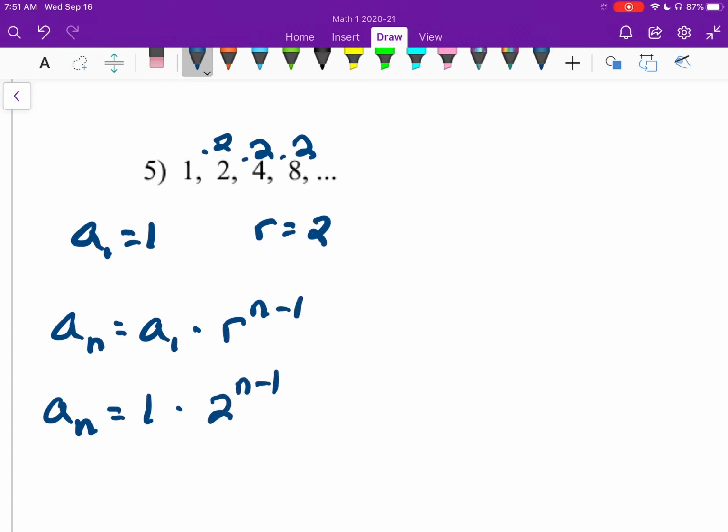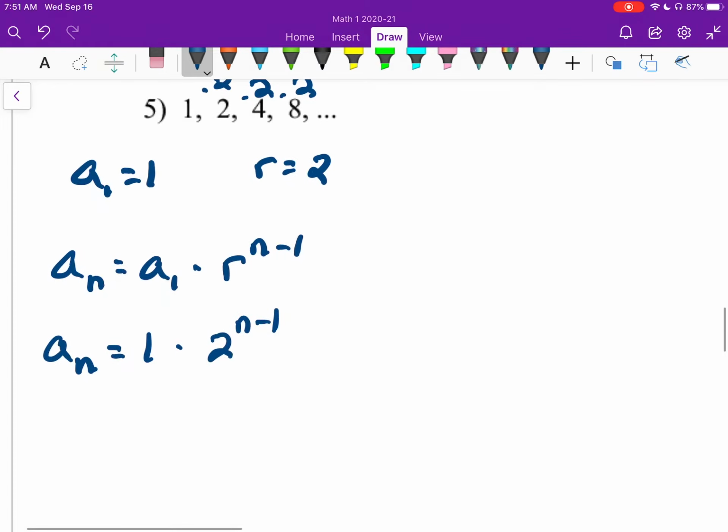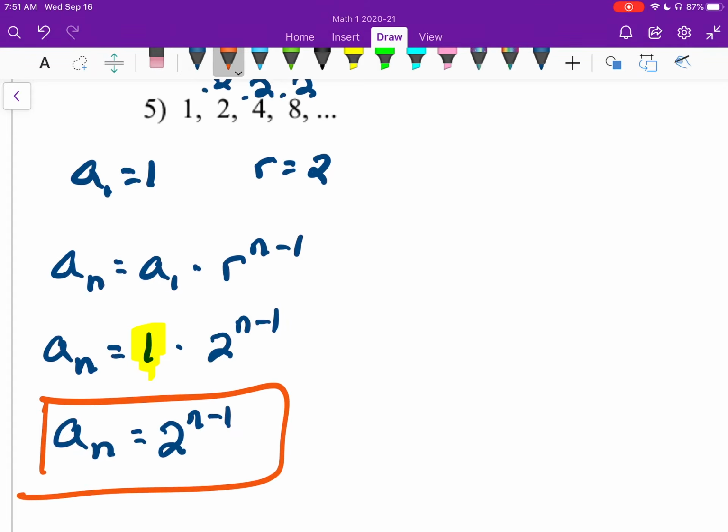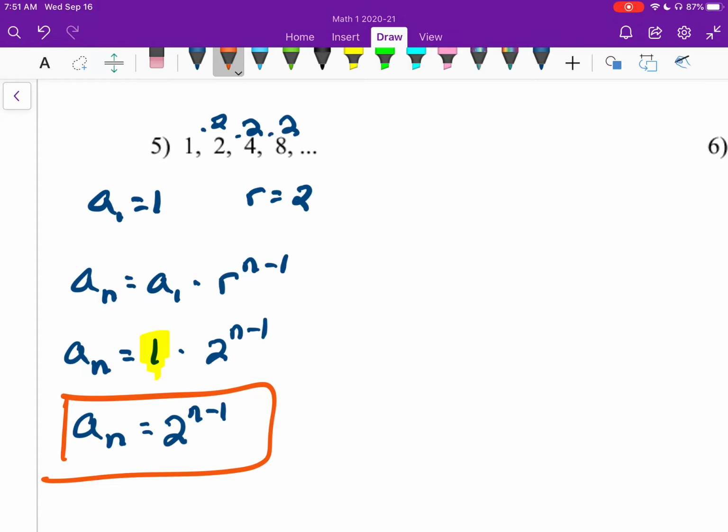If it's a positive R, you don't really need parentheses. But if it's a negative, you need them. It will not work if you don't have them. And then just like one of the previous problems, since we have a 1 here, and anything times 1 is just itself, we could rewrite this as A sub n equals 2 to the n minus 1, simplified a little bit.